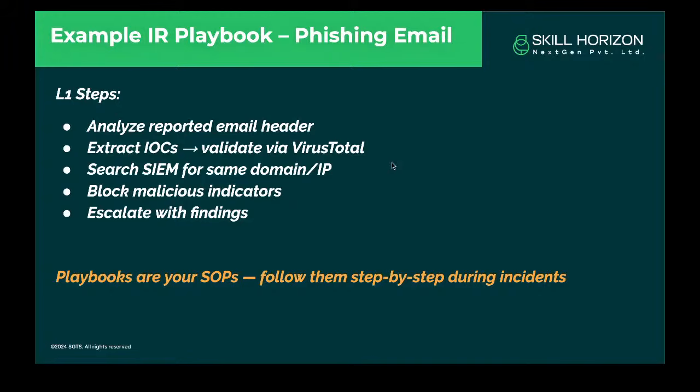We talked about email headers yesterday, so you can watch it. We will extract all the IOCs and validate them via VirusTotal or any other open source tool. We will search in the SIEM tool for the same domain and IP. We will block the malicious indicators, the IOCs, and then escalate what we find.